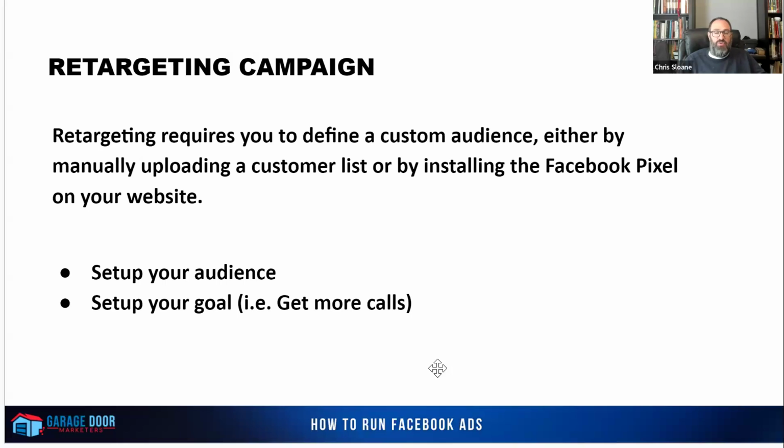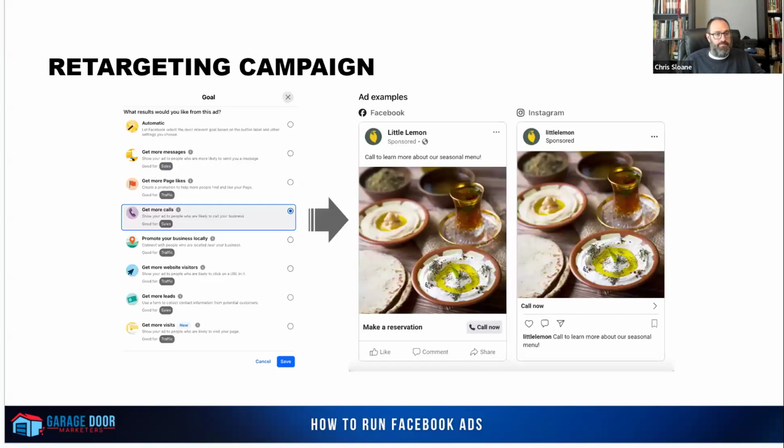With that, you can run a retargeting campaign targeting people who visited your website in the last 30 days, 6 months, whatever. And generally, you want a good call to action like get a quote or give us a call, or whatever you're trying to do.